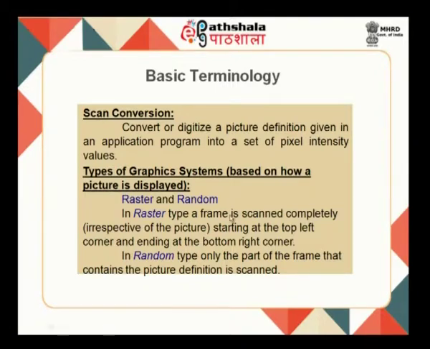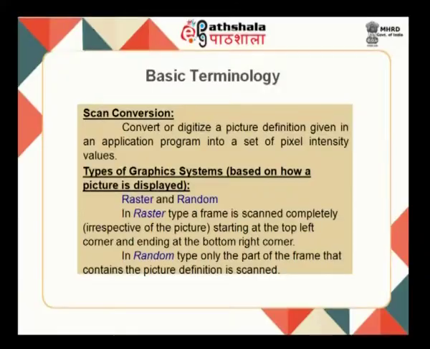In raster type, a frame is scanned completely, starting from the top left corner and ending at the bottom right corner. So, in a raster graphics system, the screen is drawn starting from the top left corner till the bottom right corner, without bothering about whether there is some picture to be drawn in between or not. It just starts scanning right from the top left corner till the bottom right corner.